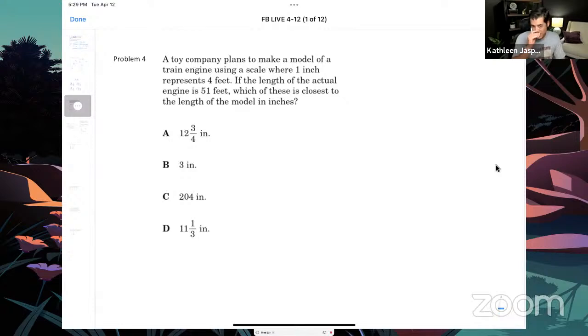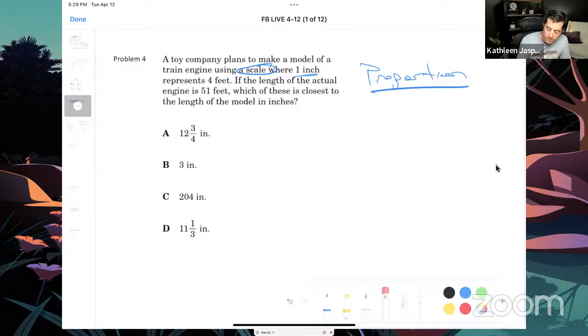Okay, so right away, when I see scale, and when I see something like a unit of measurement represents another unit of measurement, I know that we're dealing with a proportion. So right away, I know I've got to deal with a proportion. Something that we've come up with here is called matchy-matchy.